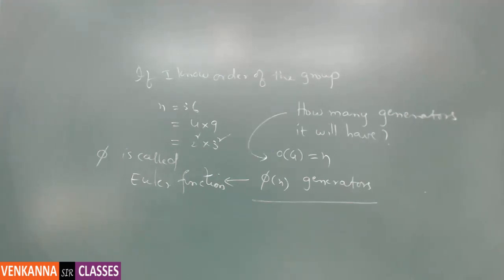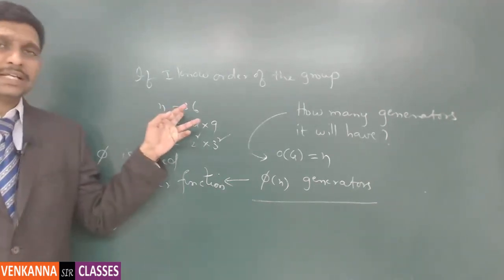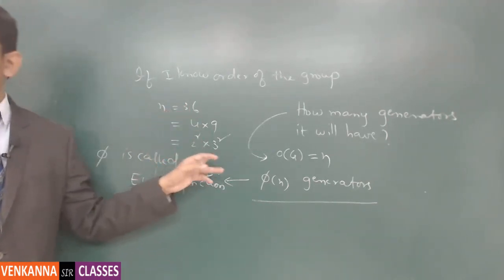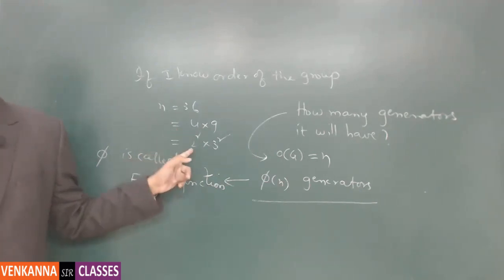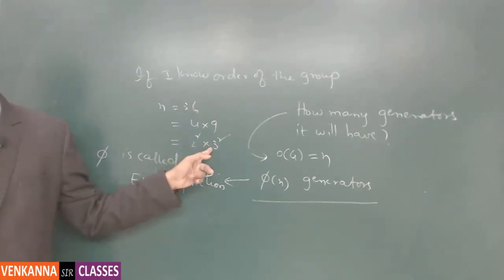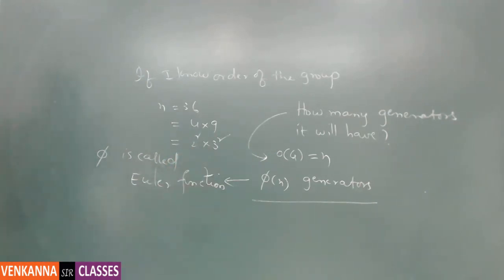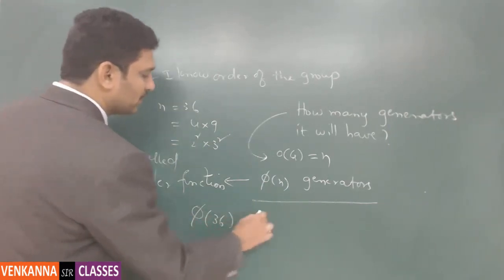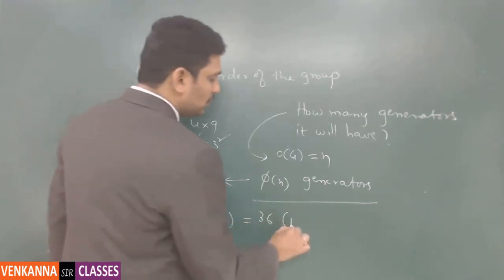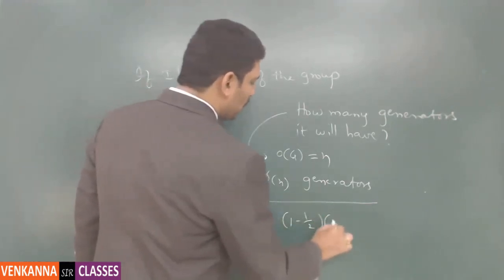Let us discuss now. For the number 36, this is the prime factorization. In this, you exclude the powers and consider the prime numbers only. Here 2 is a prime number and 3 is a prime number. So phi of 36 is equal to 36 into 1 minus 1 by 2 into 1 minus 1 by 3.